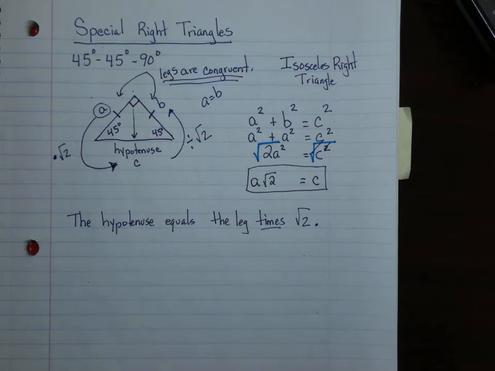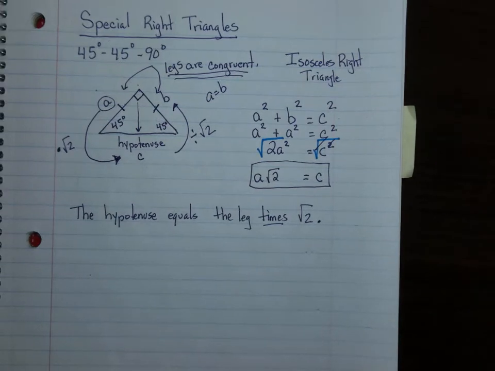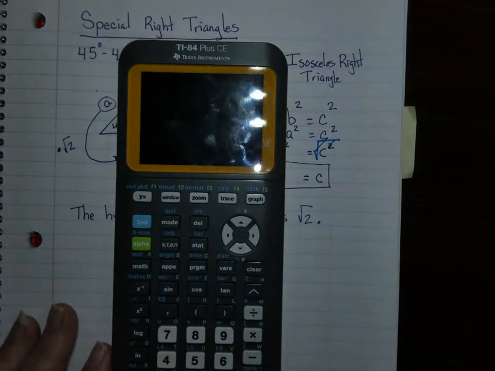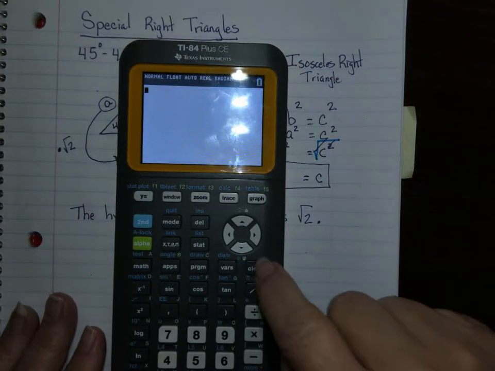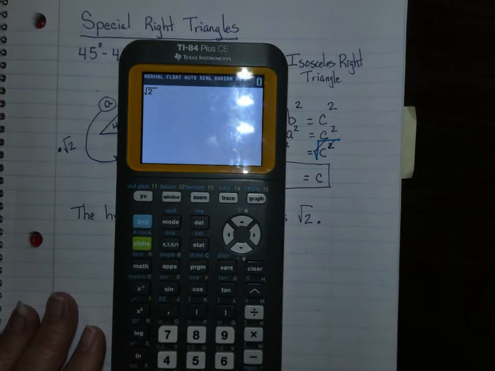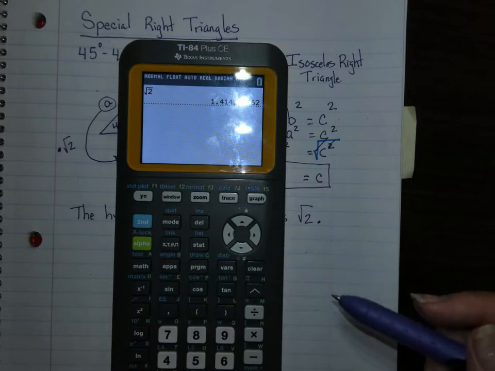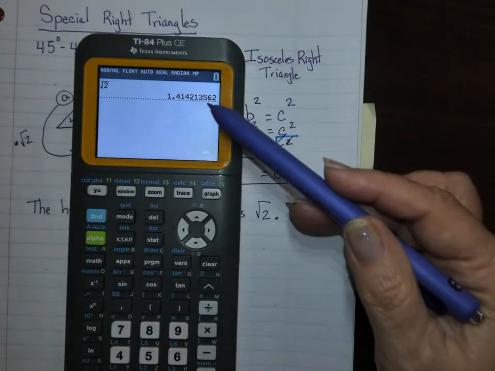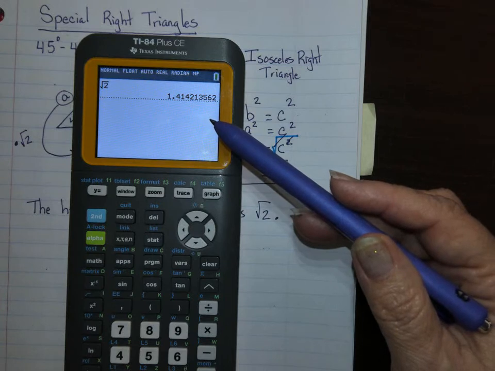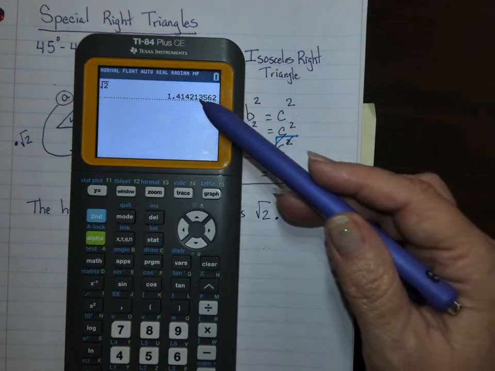Now, that might look a little bit weird, but we have to remember what this square root of 2 is all about. It's just a number, right? So turn on your calculator and just press square root of 2. Square root of 2 is a number, 1.414213562, and actually it keeps going.